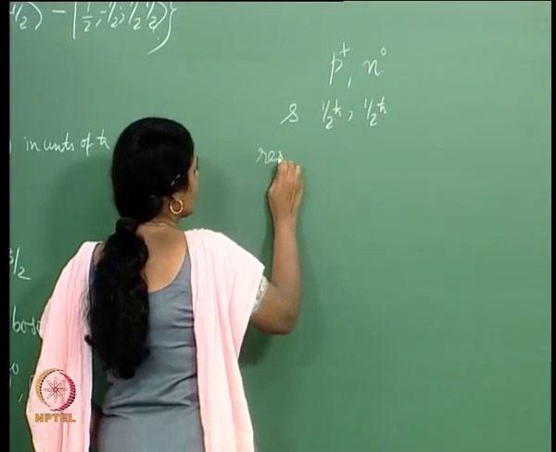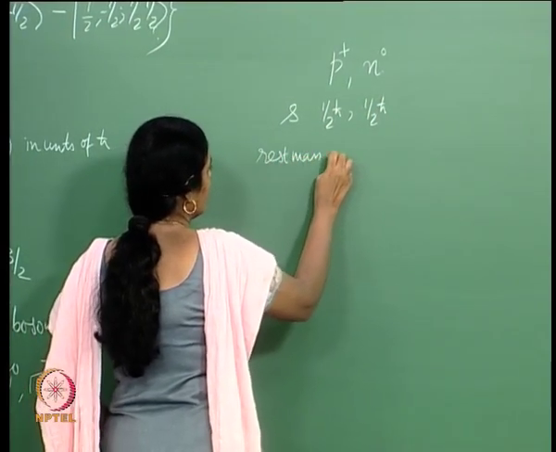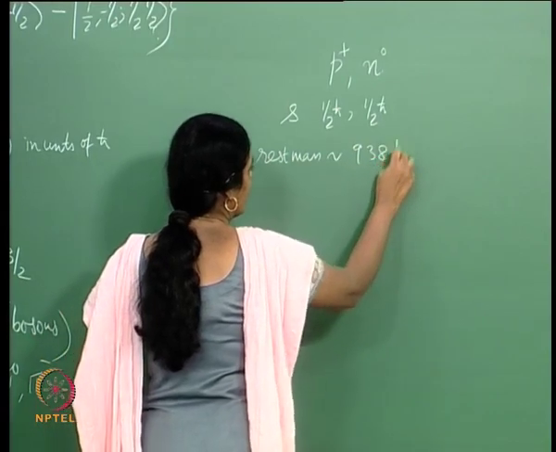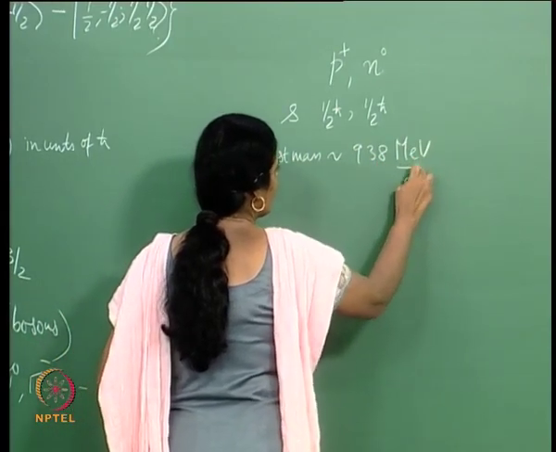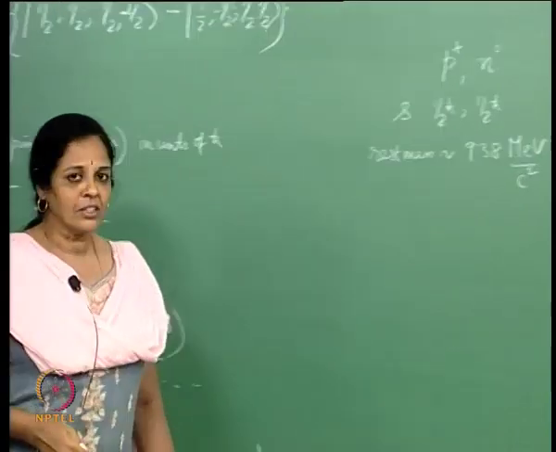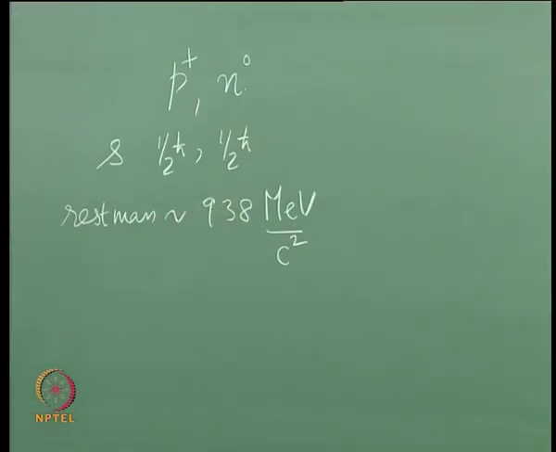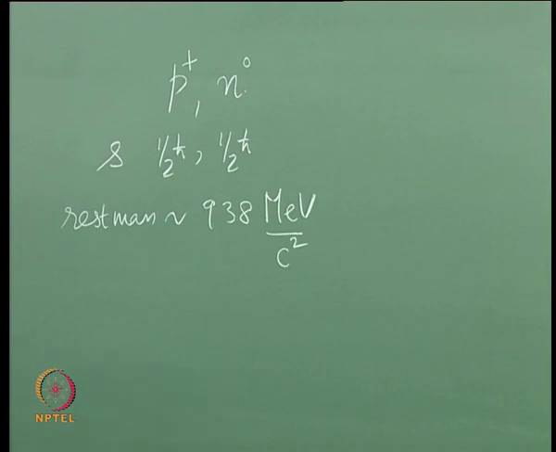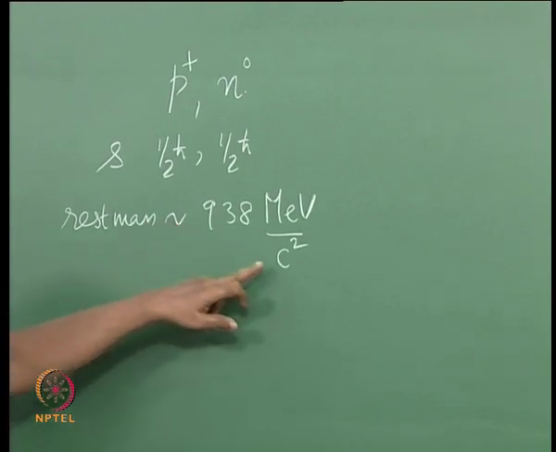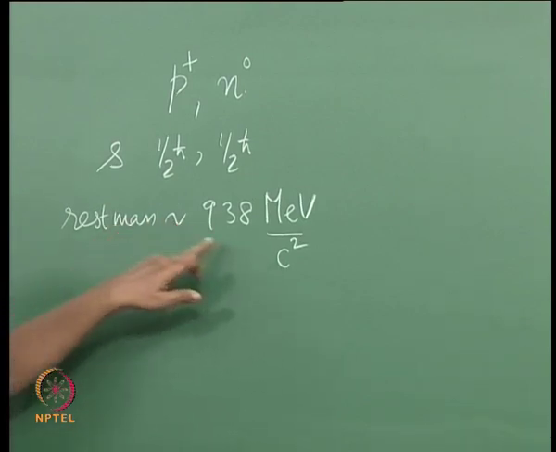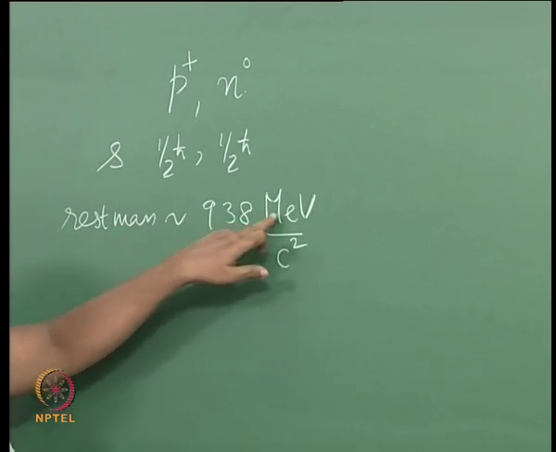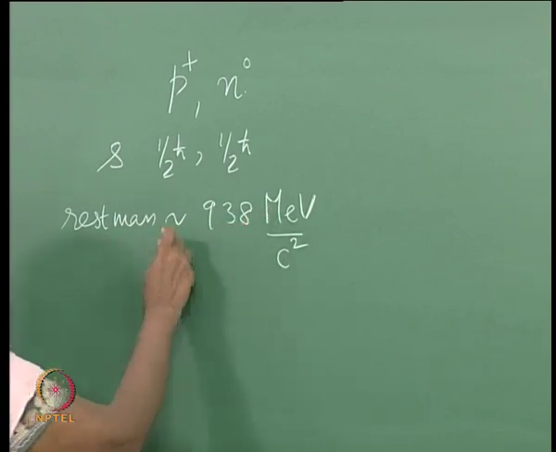Their rest mass is approximately 938 MeV by c squared. It is conventional in particle physics and very useful to talk in terms of energy units, and therefore, if I convert the rest mass into energy by multiplying by c squared, I get energy 938 MeV approximately.